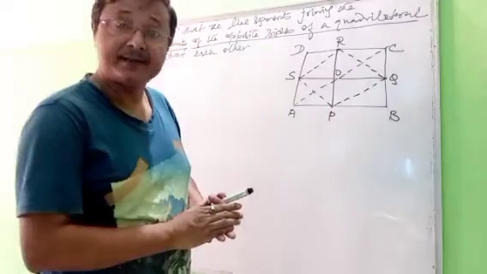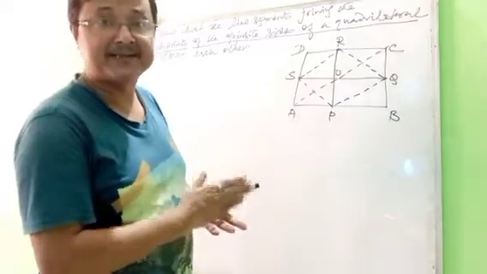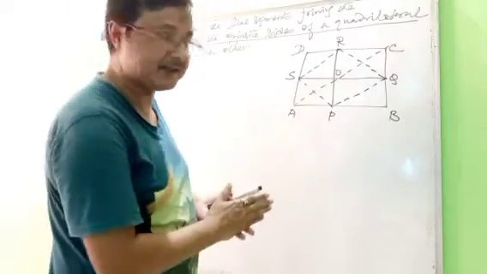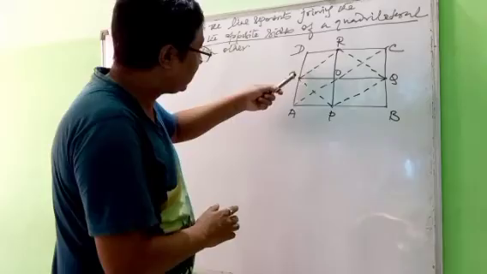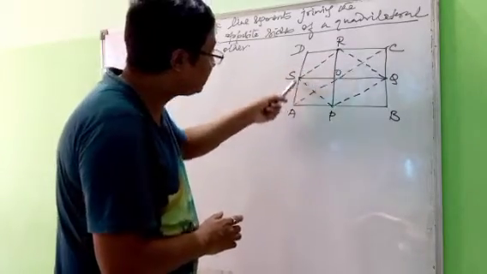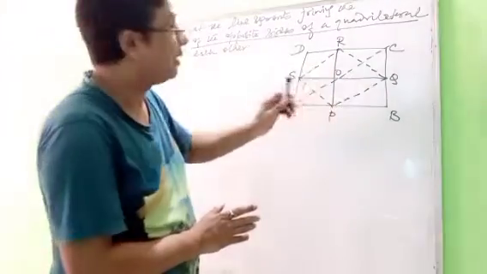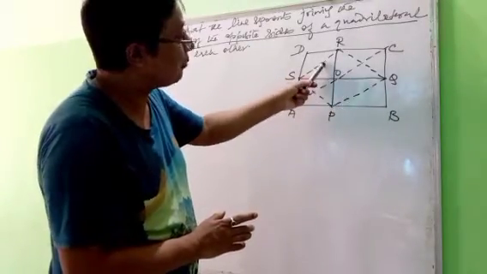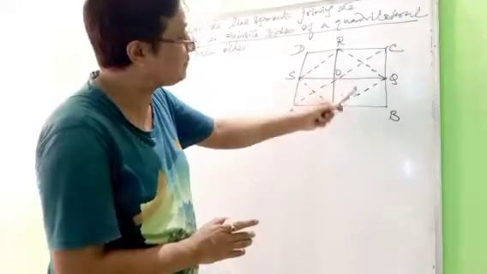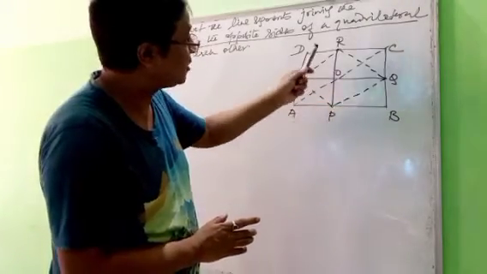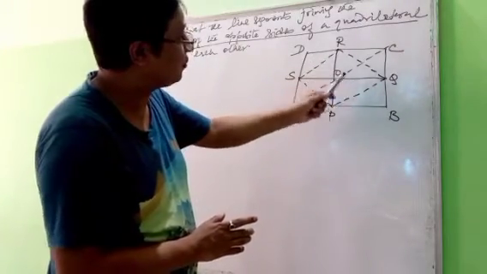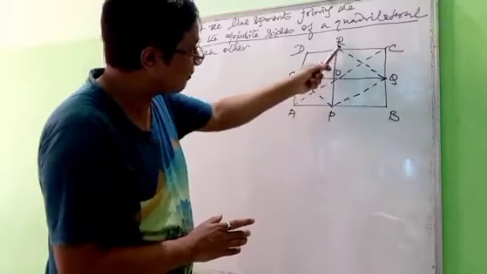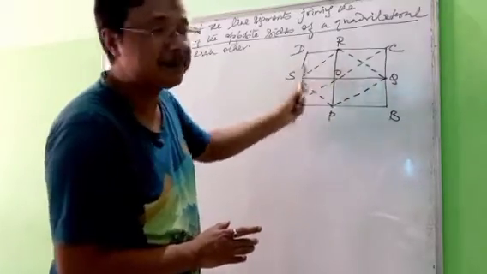And we know that the diagonals of a parallelogram bisect each other. How has this figure become a parallelogram? You have made one pair of opposite sides equal as well as parallel. That means PQ is parallel to SR, and PQ equals SR. So this has become a parallelogram.